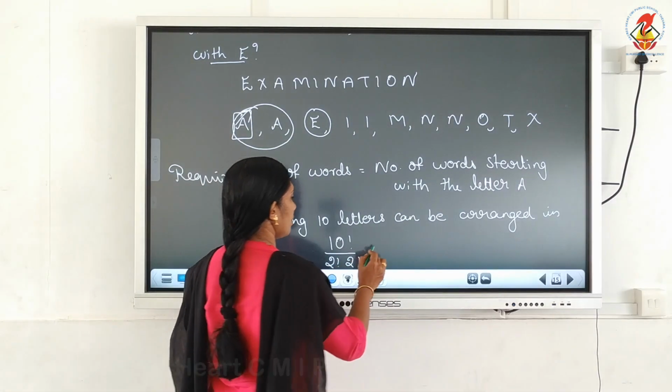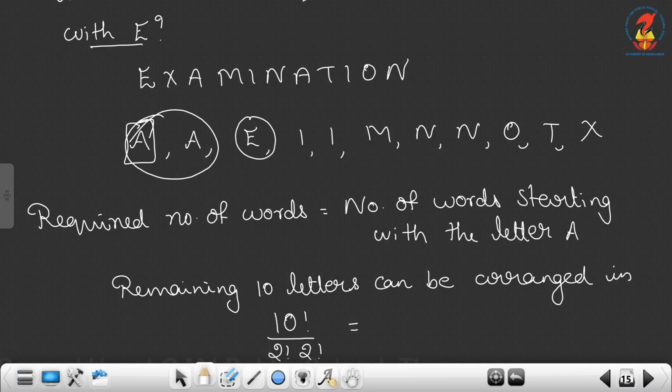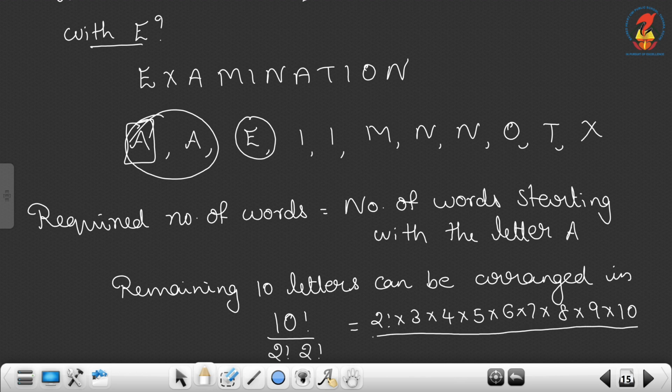Now calculate. 10 factorial by 2 factorial into 2 factorial equals 3 into 4 into 5 into 6 into 7 into 8 into 9 into 10 divided by 2 into 2. Here 2 cancels. Okay, 4.